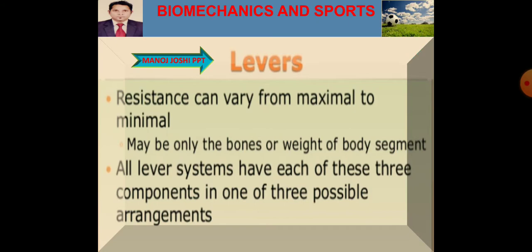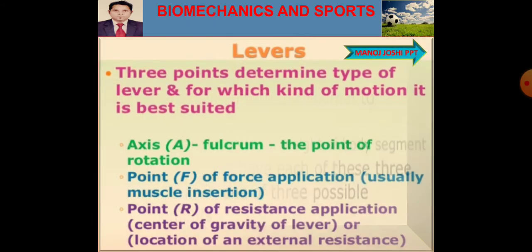All lever systems have each of these three components in one of three possible arrangements, that is effort, resistance and the axis of the lever, which we will discuss here. So in a lever there are 3 points that determine the type of lever and for which kind of motion it is best suited.